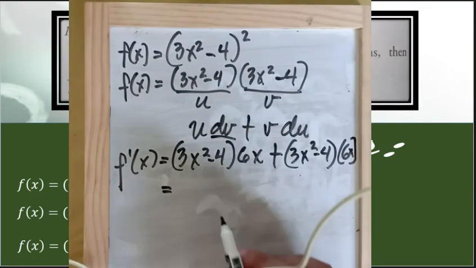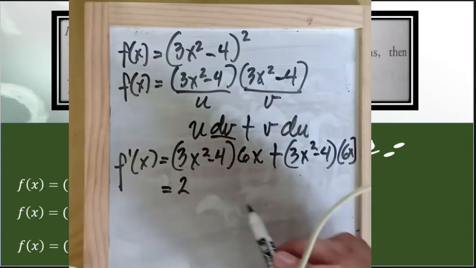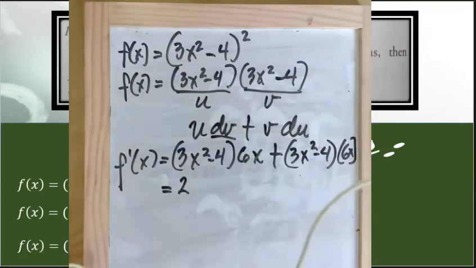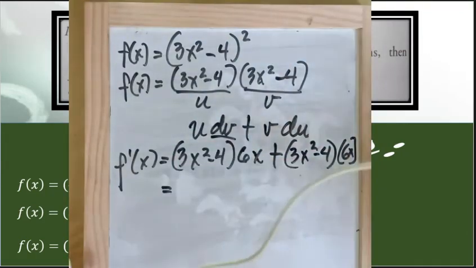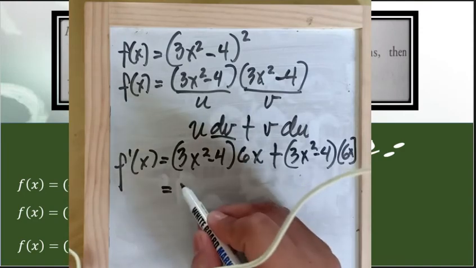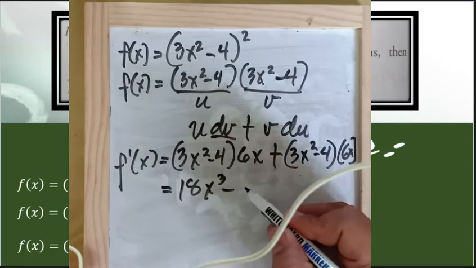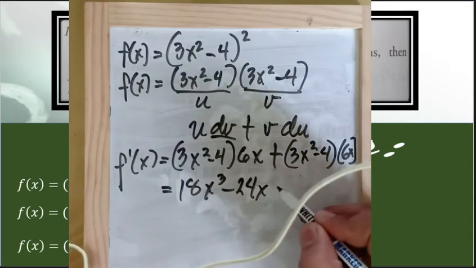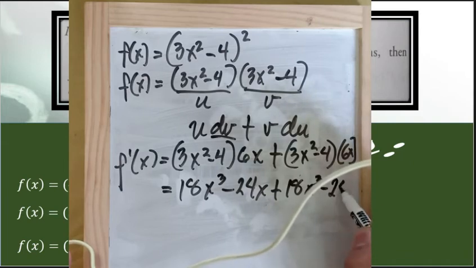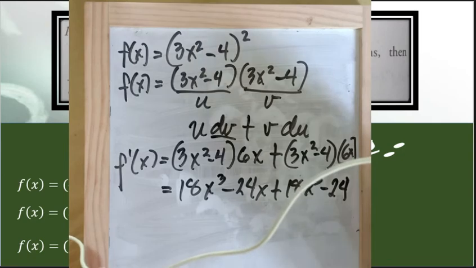Okay. So the final answer would be, let's simplify. 6 times 3, that's 18x cubed minus 6 times 4 is 24x, plus 18x cubed minus 24. So what?